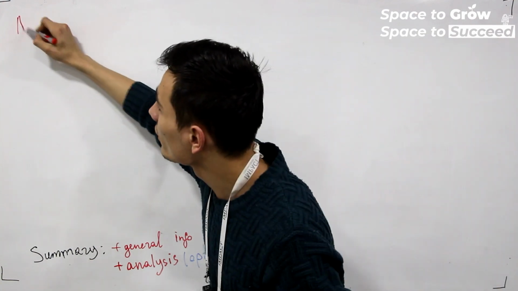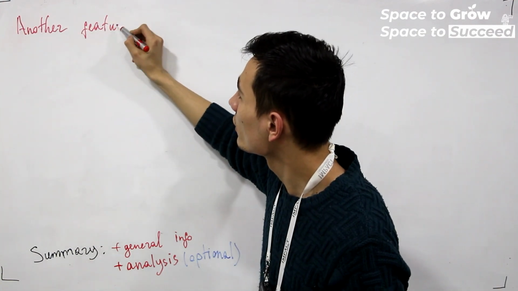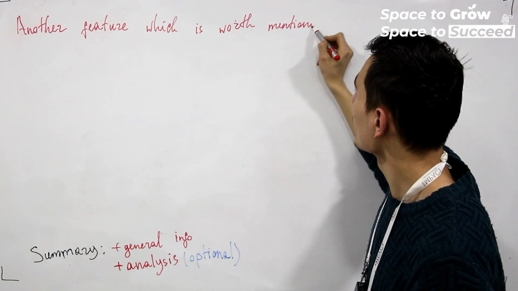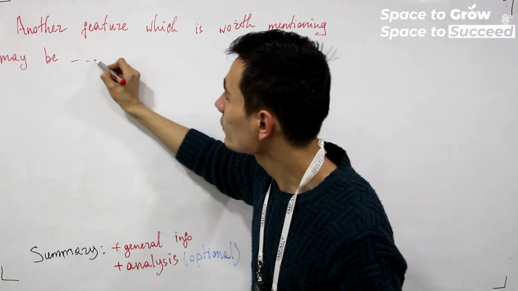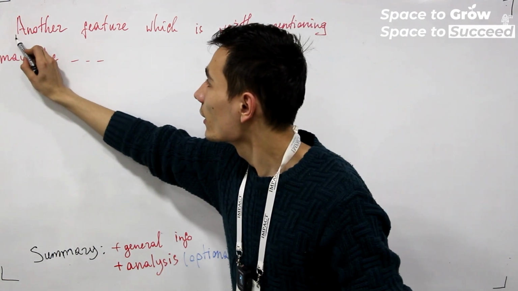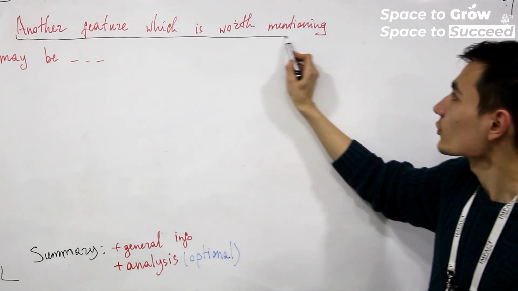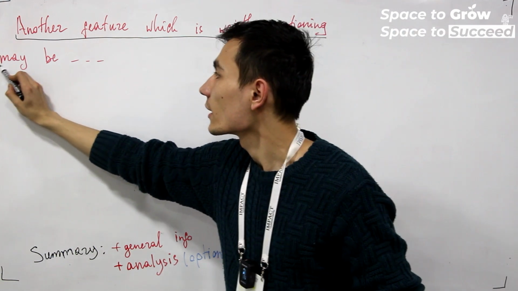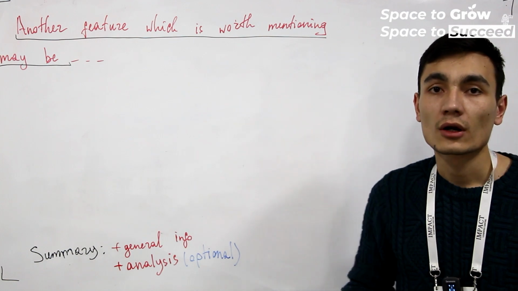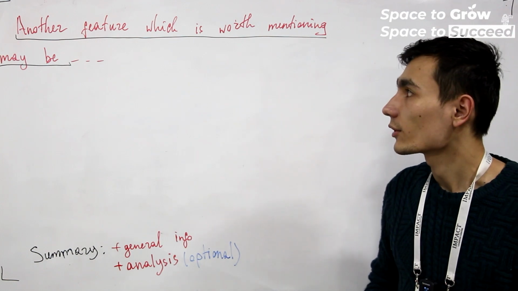And the structure is: another feature, which is worth mentioning, maybe, and then there's a continuation. And as you see here, we said another feature, which is worth mentioning maybe, and you have to memorize the structure so that you're going to get a higher score in grammar and vocabulary.